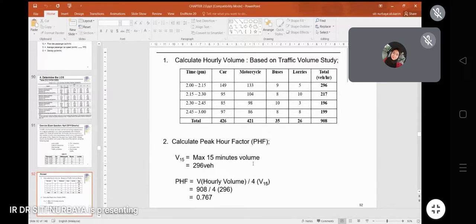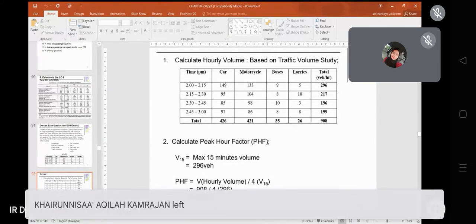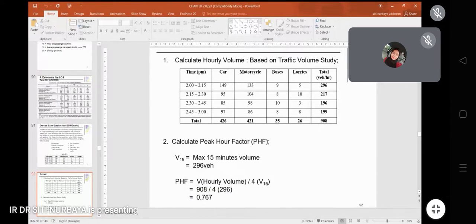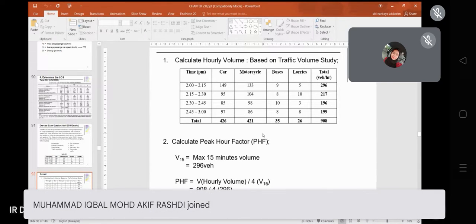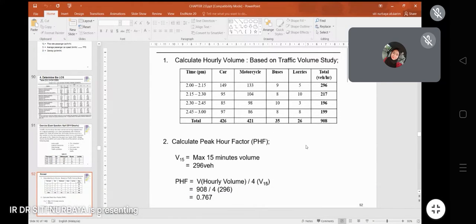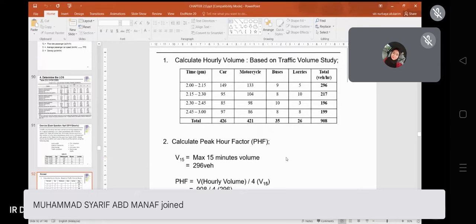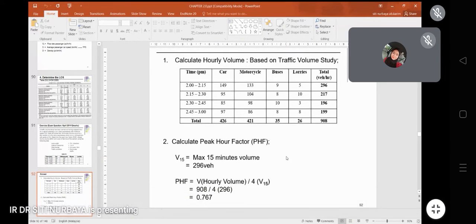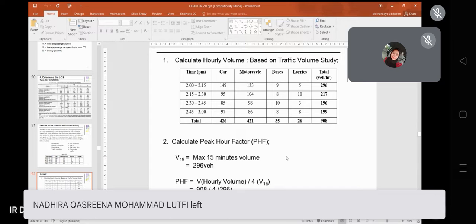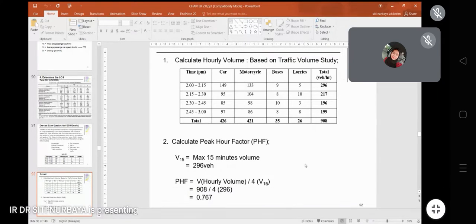This is like the traffic volume study in your lab, right? You have to calculate the peak hour factor. It's a 1 hour traffic volume study. Remember, when I asked you during the lab what to compute and analyse from the traffic volume study data. Okay, have you copied?